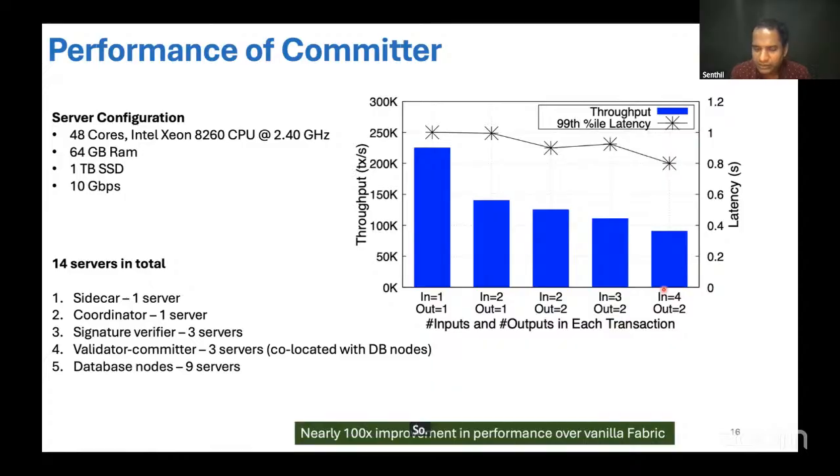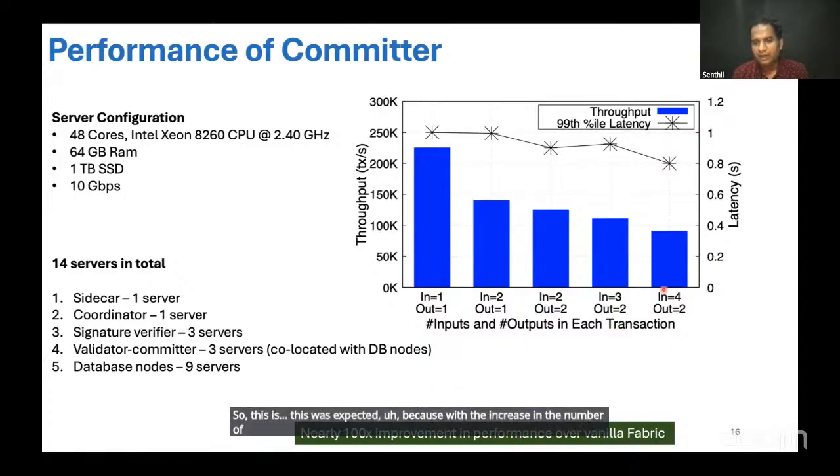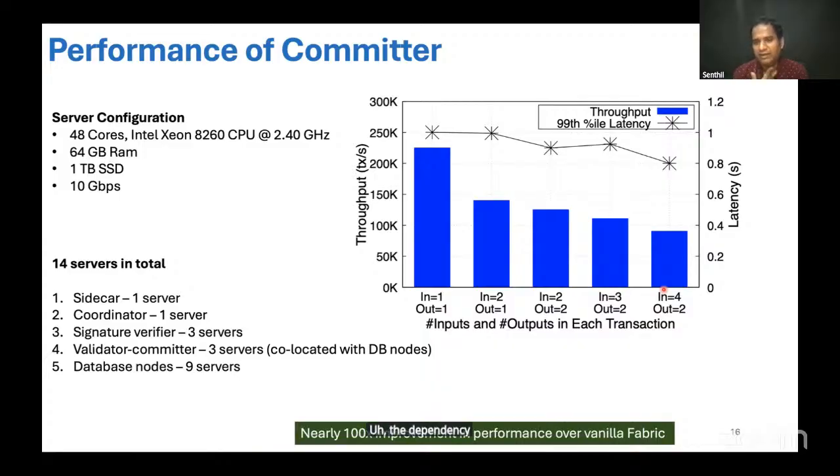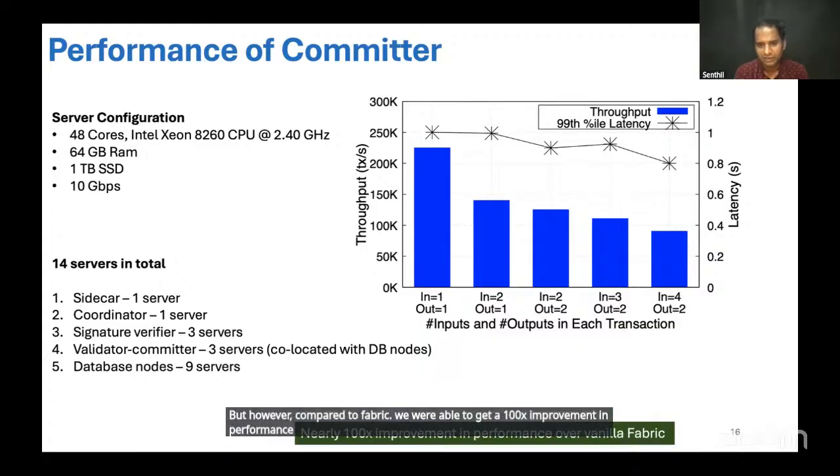This was expected because with the increase in the number of reads and writes, the dependency graph has to do more work, processing a lot of reads and writes to detect the dependency. Also the validation that the database does has increased latency as well. As a result, the throughput was going down. However, compared to Fabric, we were able to get a 100x improvement in performance. That was significant.